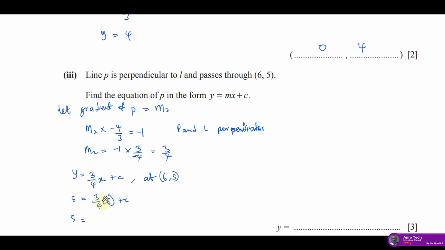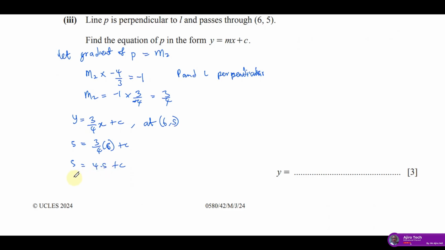Now 3/4 into 6 is 4.5, plus c. That means that c is 0.5 or 1/2. So I'm now going to write this equation. y is 3/4x plus 1/2. That's really it.